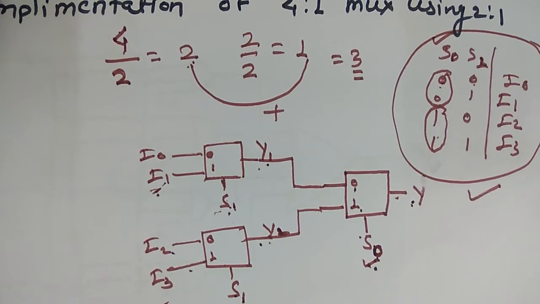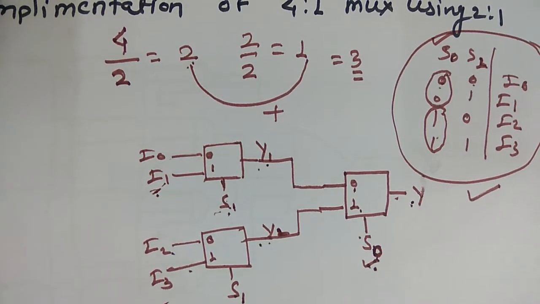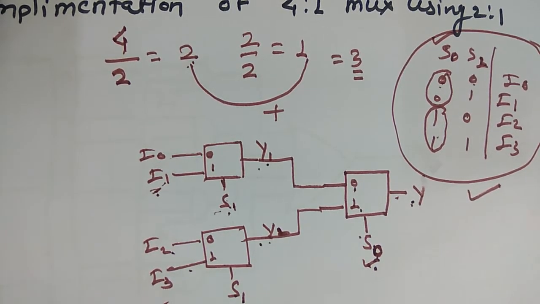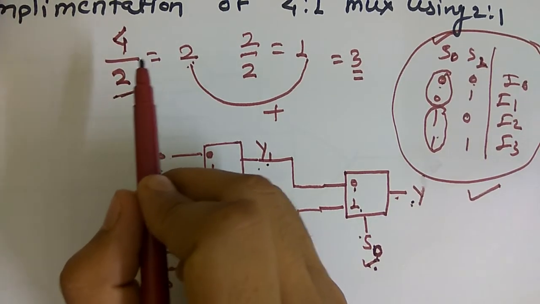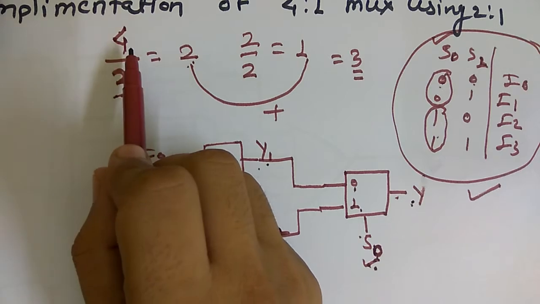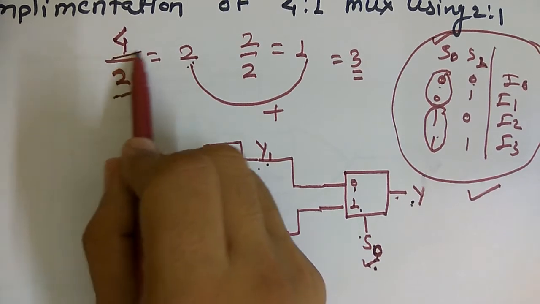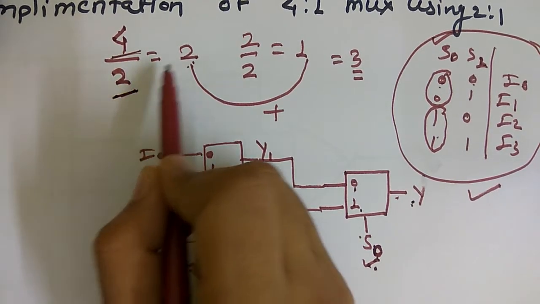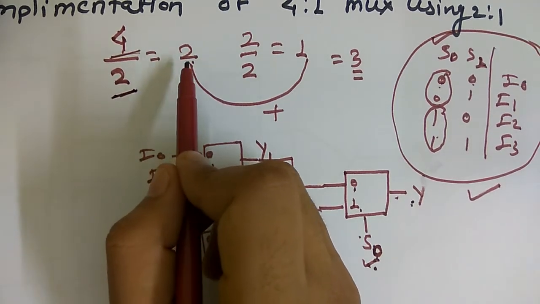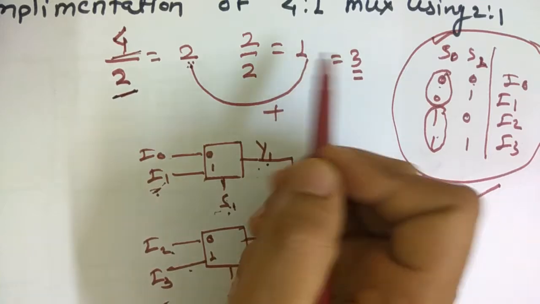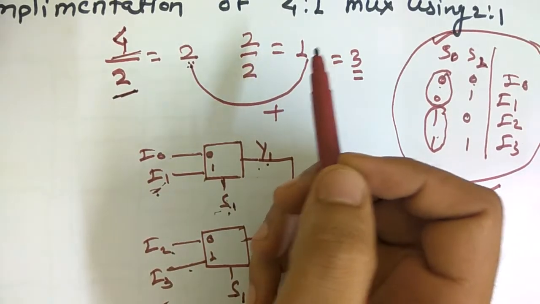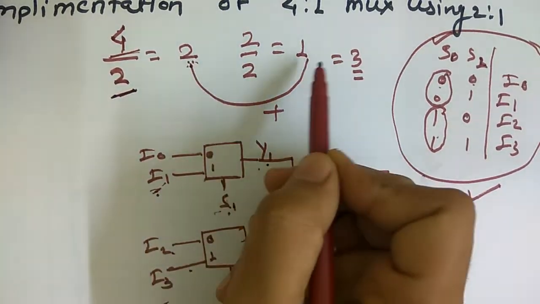So what we have done: firstly, we divide the mux we want to implement by the mux we have. Then the quotient comes, and again we divide, till we get 1, and then add all the quotients.